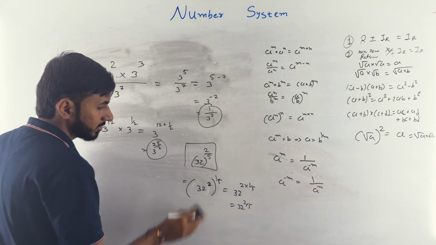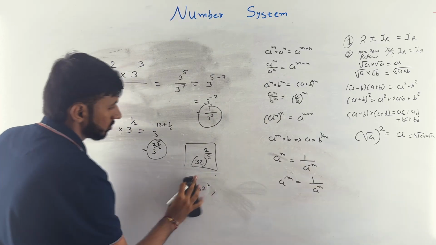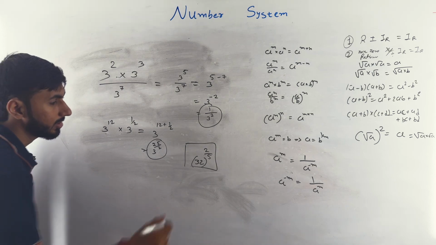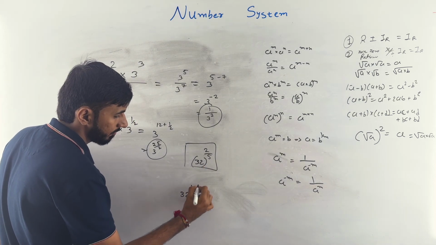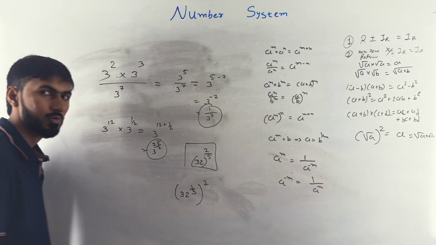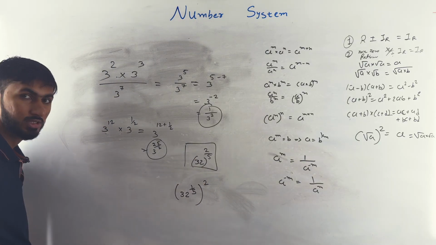So I will use this form to find the answer. So let me write it as 32 power 1 by 5 and then we have power 2, right? I can write any question of this type in this form.